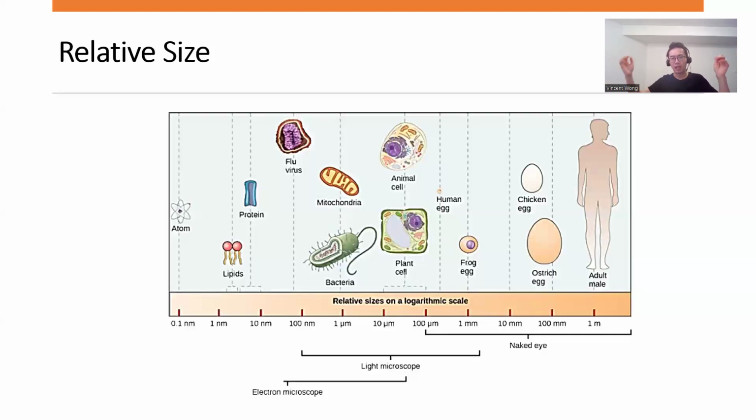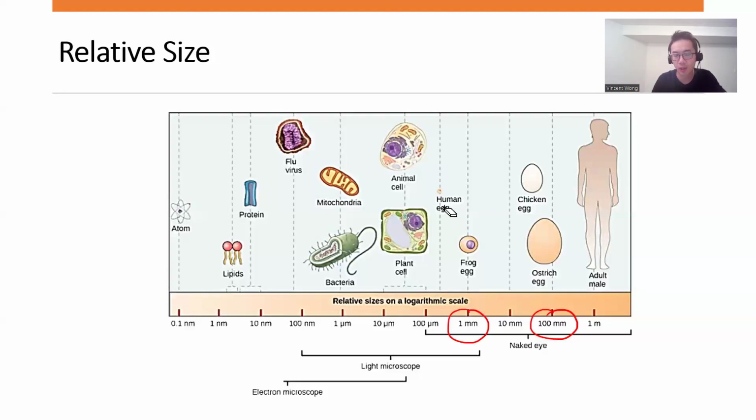Now, if you shrink the size to about 100 millimeters, that would be like the size of a regular egg. And if you shrink it again by 100 to 1 millimeter, which is the spacing between two black lines on a ruler, that's about the size of a frog egg.